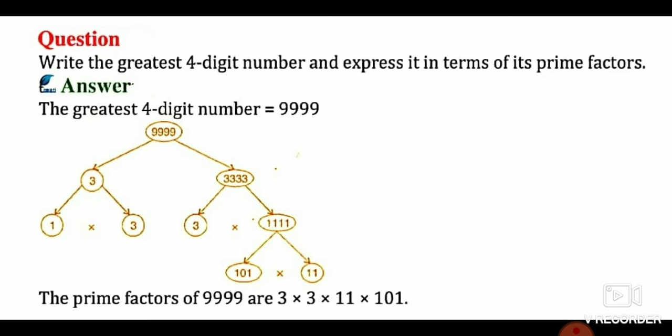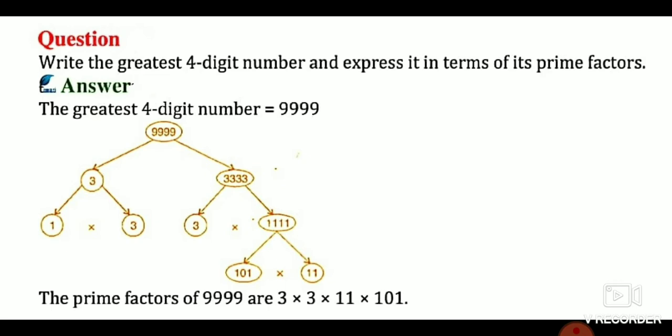9999. To find the prime factors, you have to divide it by 3. Divide 9999 by 3, we will get 3 into 3333.